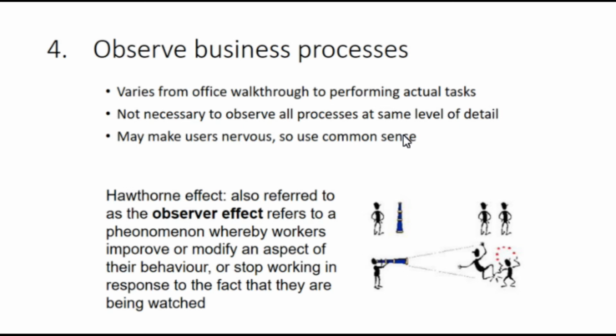To solve this Hawthorne effect, you can use participatory observation, which is common in social sciences, but you can actually use it in system development. For example, if you want to know how the hospital undergoes different business processes, you might act like a patient.